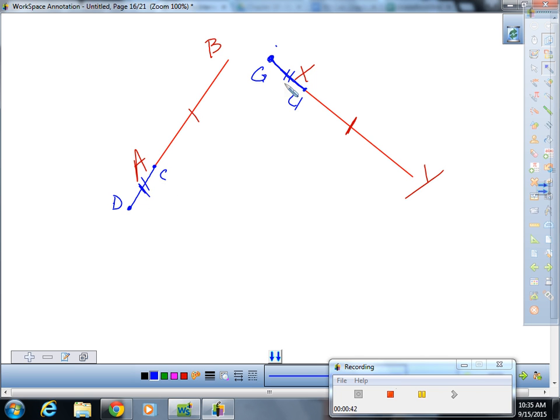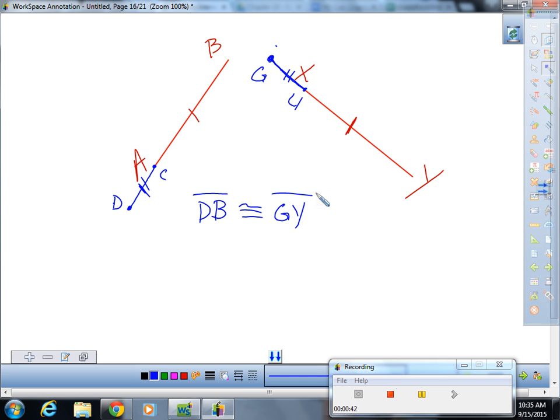What do you think we can conclude using the segments addition theorem? We can conclude that segment DB is congruent to segment GY. This stuff's really, really simple.